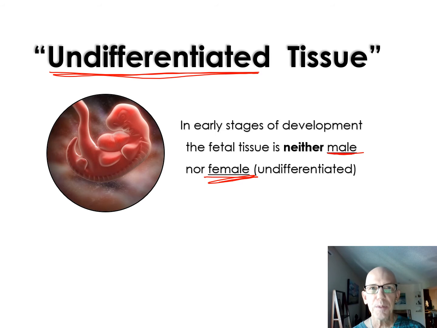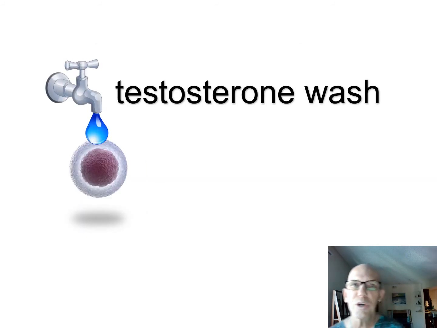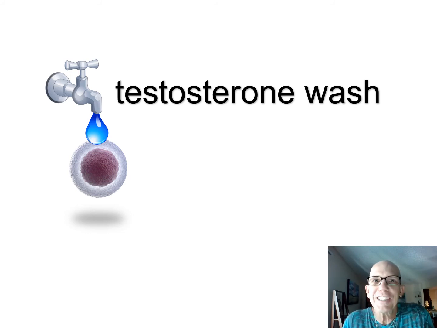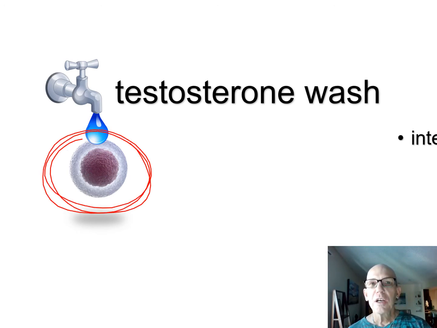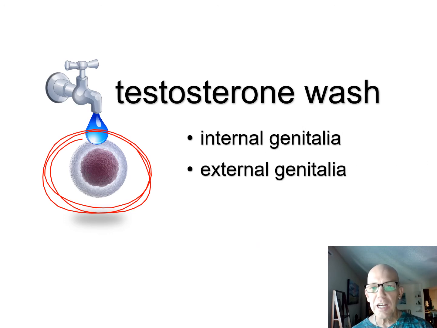And so what happens is that if you're a male, I'm going to focus on men for a minute, XY, then at a certain point, those developing cells start to produce testosterone. And this is known as the testosterone wash. And so as that testosterone is produced, just like that rat example, it starts to circle around this developing cell and masculinize those parts of you inside and outside to become the internal and external plumbing for men.